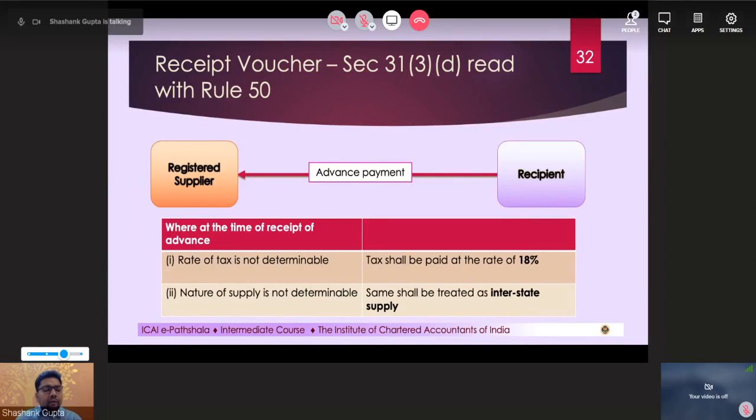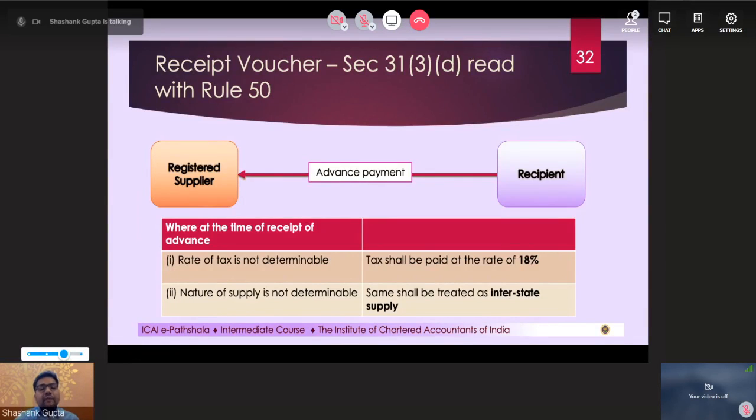Now today I do not know whether those services will be exempt, taxable, liable to tax at 12% or 18%. So the law says, in such case simply pay tax at the rate of 18%. Even if they are exempt, or taxable at 28%, lower or higher, whatever, pay tax at the rate of 18%.